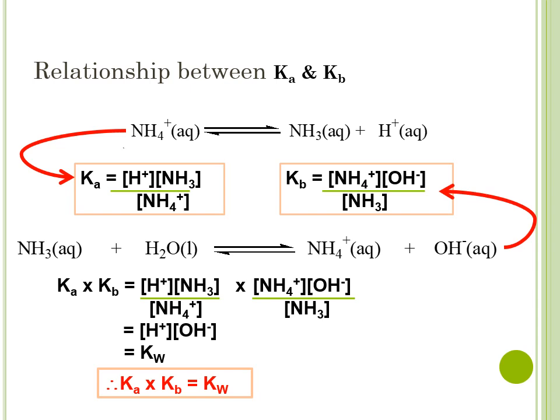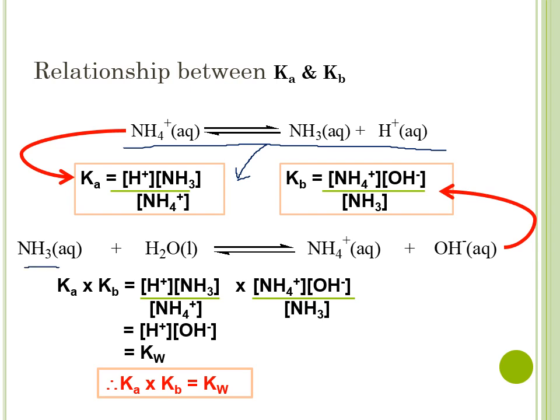For the first equation, we have ammonium ion dissociate to become ammonia, NH3, and H+. So the Kc or Ka that we got is the concentration of ammonia times concentration of H+ divided by concentration of ammonium ion.